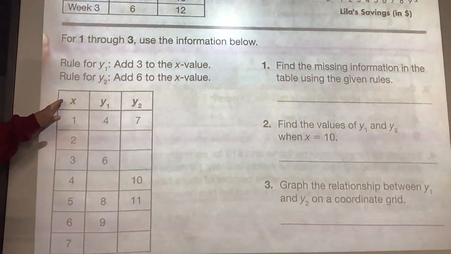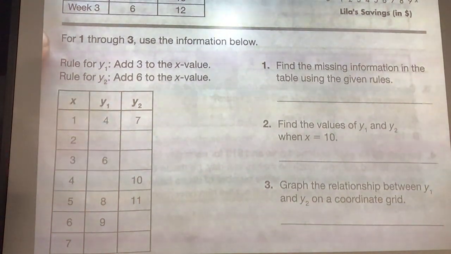We have X, we have Y1, and Y2. I would recommend just using the lines on your paper going horizontally, and then you just need to draw your vertical lines down. But however you want to draw that table, just a rough sketch.